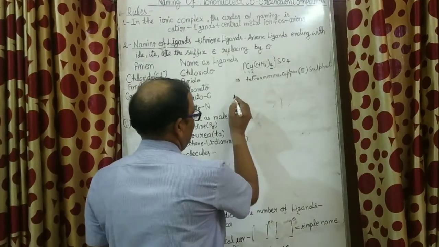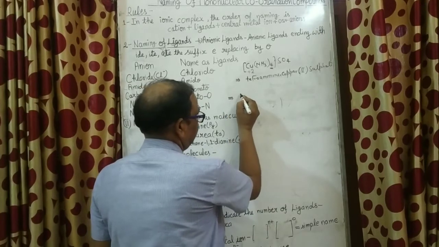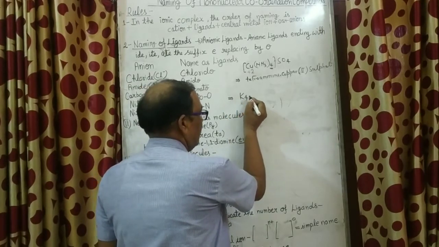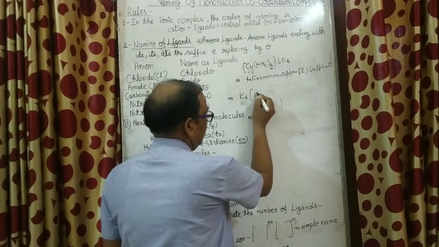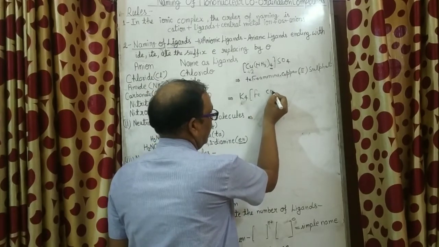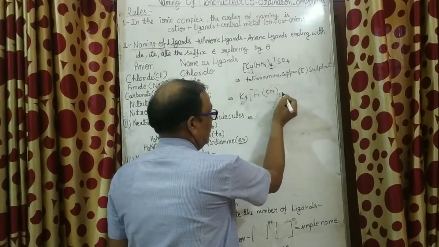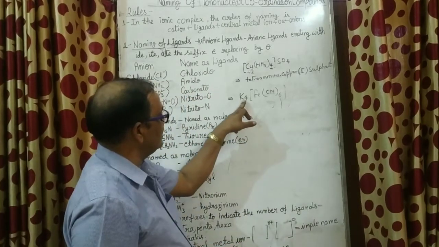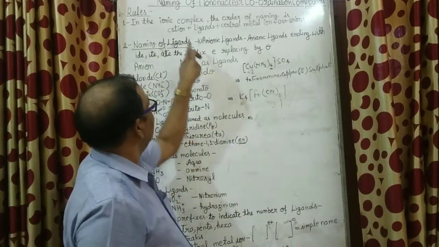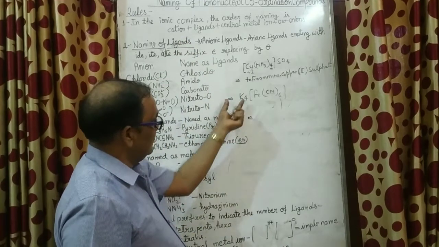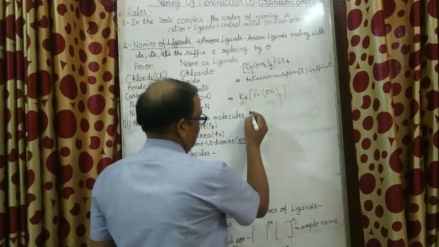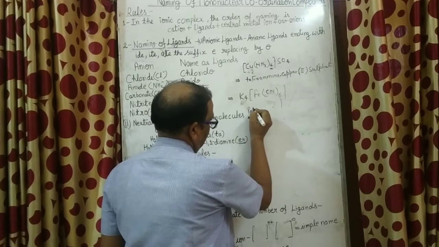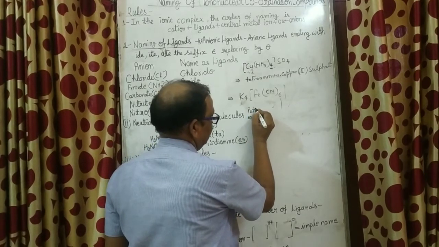And the next example is K4[Fe(CN)6]. Okay, and the counter ion is a cation, so the cation name first, and this is potassium.